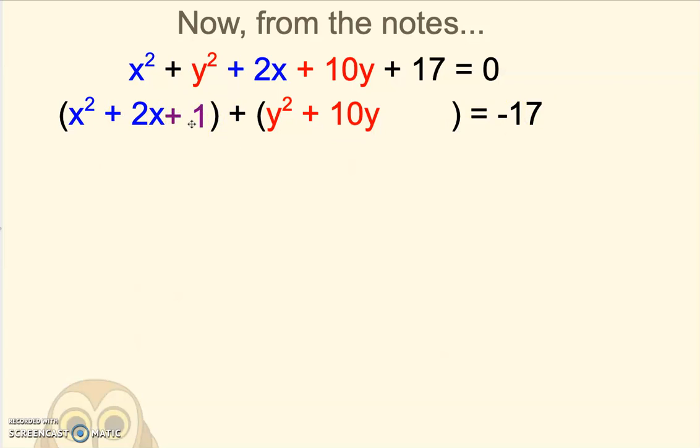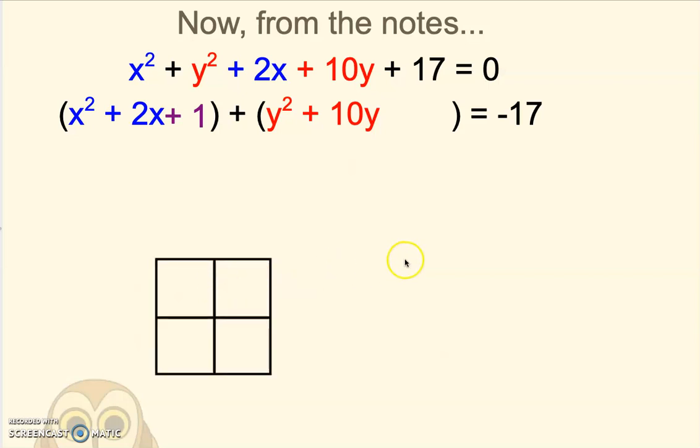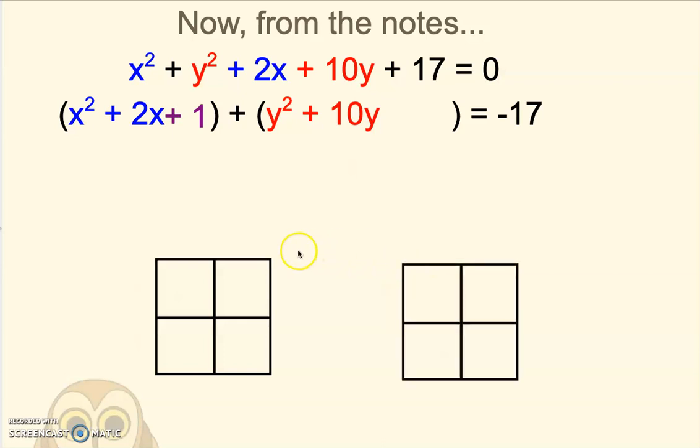So now what we have to do is complete the square twice. We have to complete the square once for the x's and once for the y's. So let's see if we can complete the square for the x's here. Let's see if I can find my square. There we go. And we're going to complete the square for the y's, so we need another square for the y's.